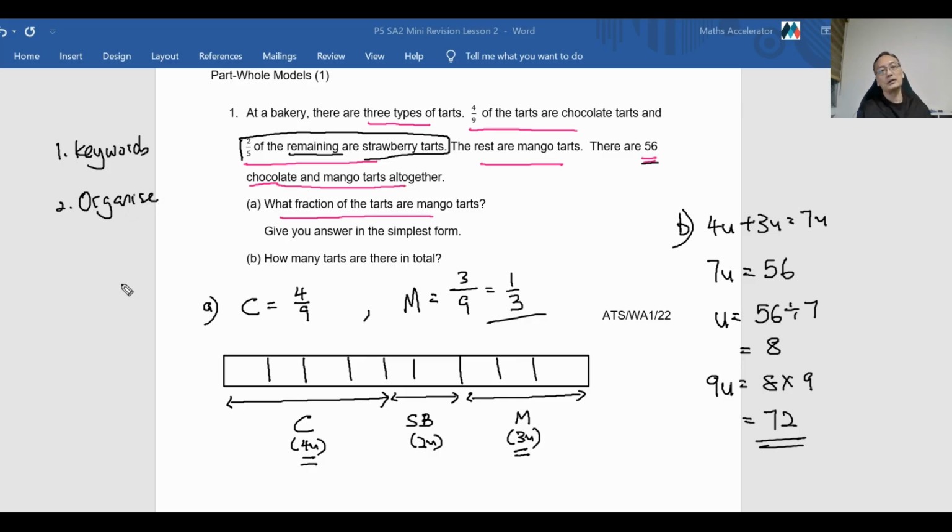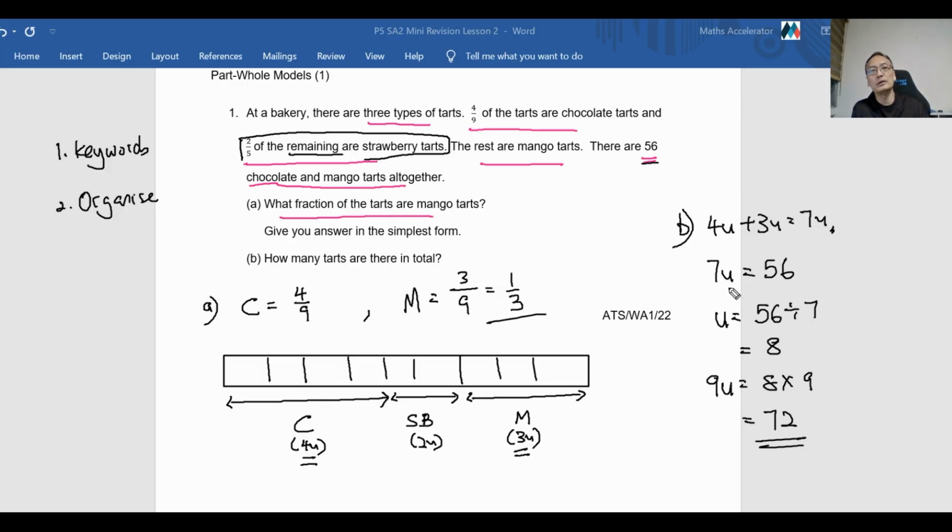After we have organized all the information in the form of a model, we carry out the steps that are required from the question to answer it. For part A, we find the fraction of the mango tarts. Based on the model that we drew, we can see that it's 1/3. For part B, we need to find the total. Using the model, we notice that the total units for the chocolate and mango is equal to 7 units.